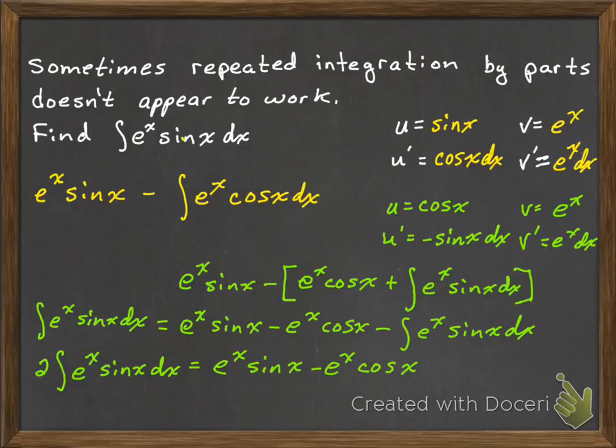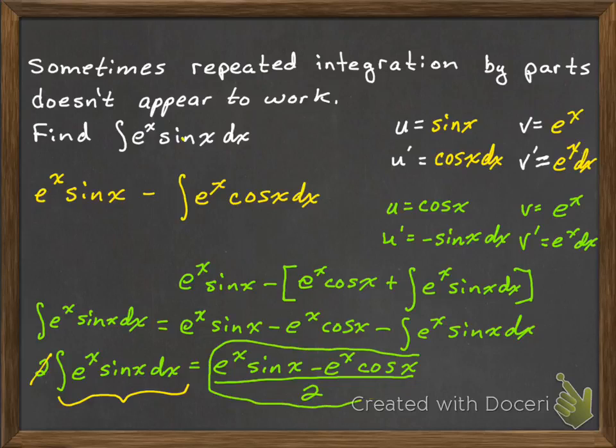And see, what we are trying to do is figure out what this is equal to. Well, we can solve that by dividing 2 over to the other side of our equation, which means the integral is equal to this right here, except let me remember to put our plus c on the end.